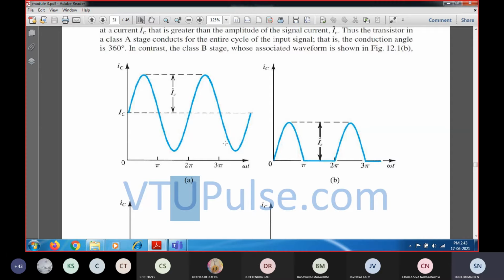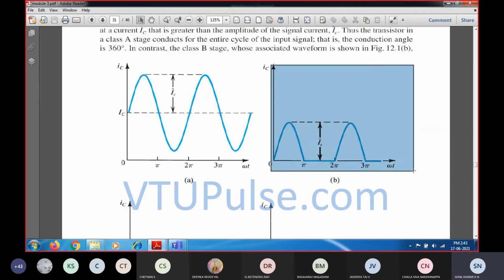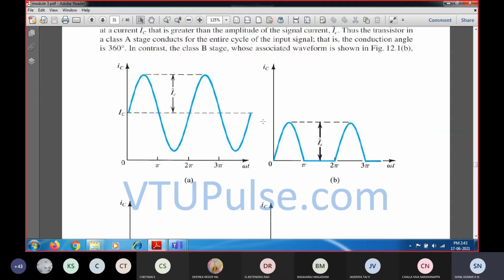And coming to the class B amplifier, in this class B amplifier you can see this is the output waveform which you are going to get. We will go into detail in the further classes. We are going to go through each of the classes of amplifier, see how we get this output, and how we do the transfer characteristics, power conversion efficiency, and power dissipation.